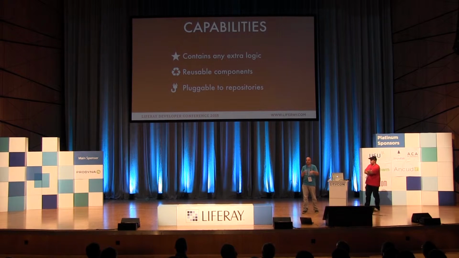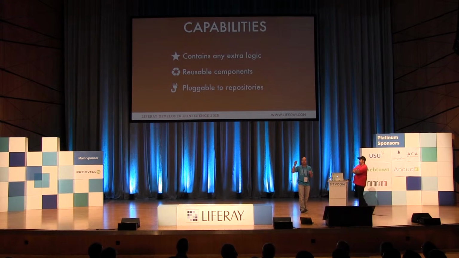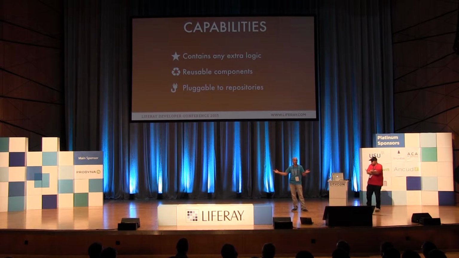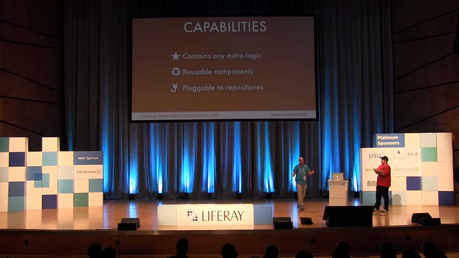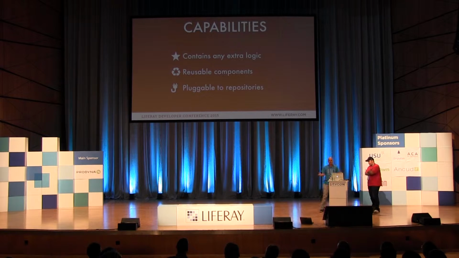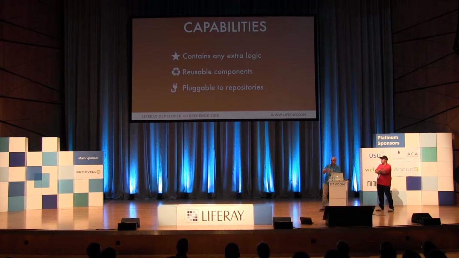So if you are developing a new repository and you say, OK, I want to have previews, you can take the preview capability and drop it into your repository, and it should work. But if you don't want that, we shouldn't enforce previews on you. And the same with validations. If you want custom validations for your repository, then you create your own validation capability, drop it into your repository, and that's it. That's the basic idea.